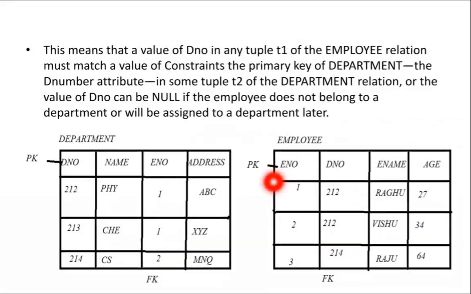The department number values are only 212, 213, 214. When you are filling values for the foreign key in another table, you have to fill values from the same set only. You can observe that these values are from the set 212, 213, 214 only. That is the condition here.